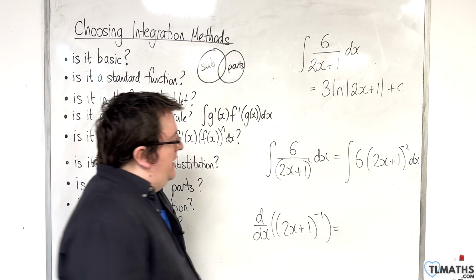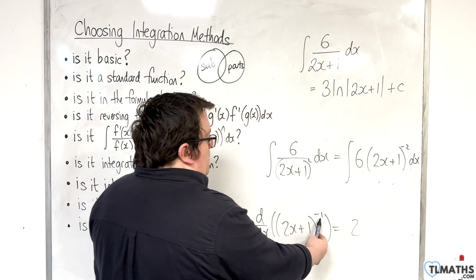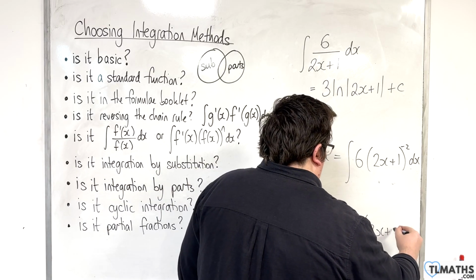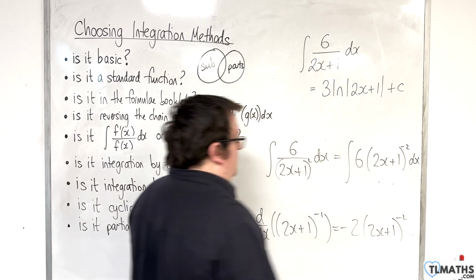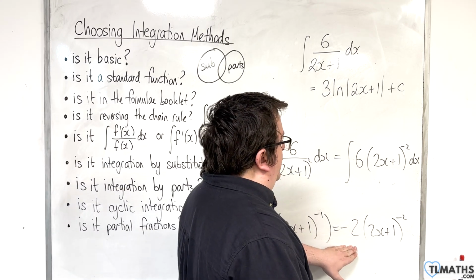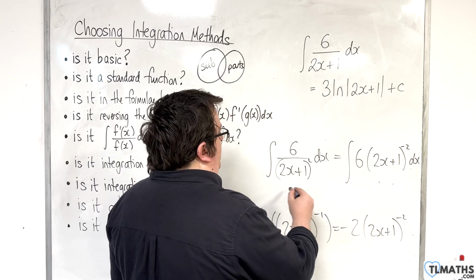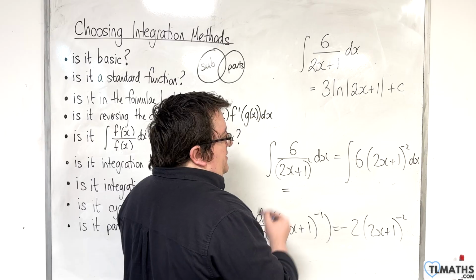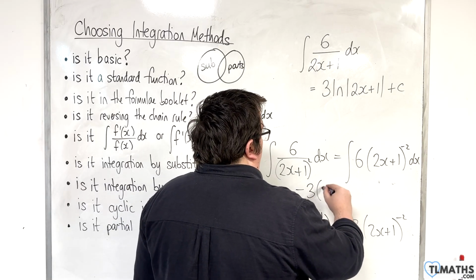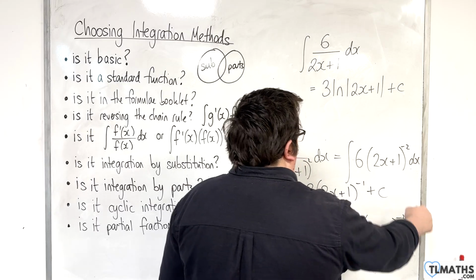So if we differentiate this, the derivative of the inside comes outside, which is 2. Minus 1 comes down to the front, and we take 1 from the power. Okay, so we need to divide by minus 2. So minus a half times the 6 that we've already got there. So 6 times minus a half is minus 3. So we'll have minus 3, 2x plus 1 to the minus 1 plus c.